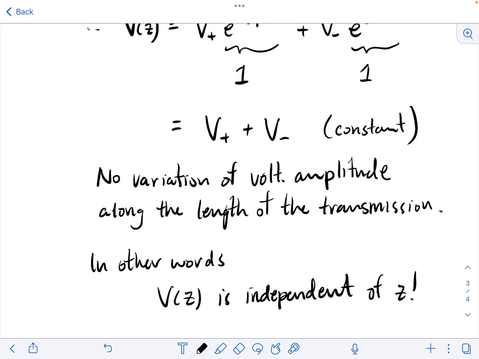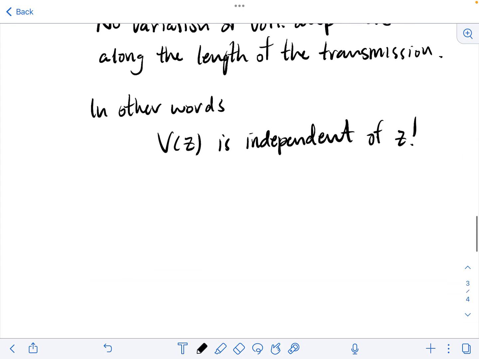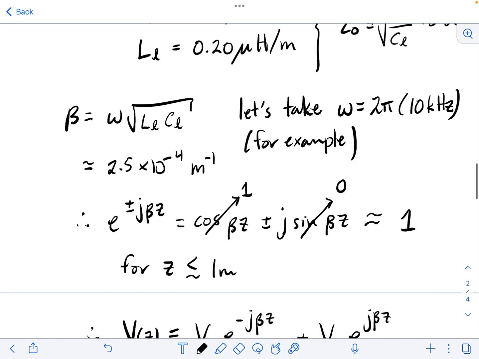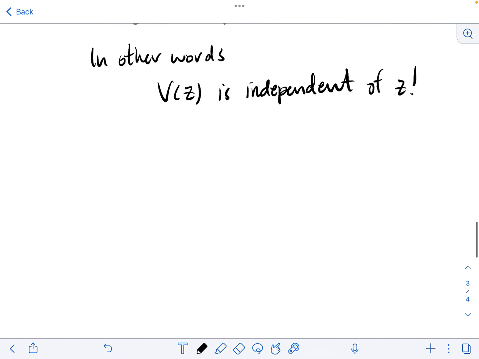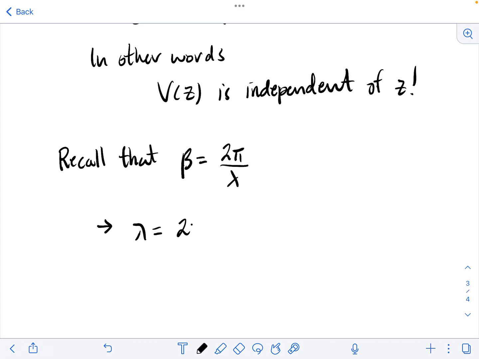Okay, so let's think about this a little bit more. We have a value for beta, right? 2.5 times 10 to the minus 4. Remember, in the previous video, we came up with a physical interpretation of beta. And that physical interpretation was that beta was the wave number. So beta was equal to 2 pi over lambda. Or, of course, that means lambda is 2 pi over beta, which is 2 pi, and beta is omega square root of inductance per unit length times capacitance per unit length.